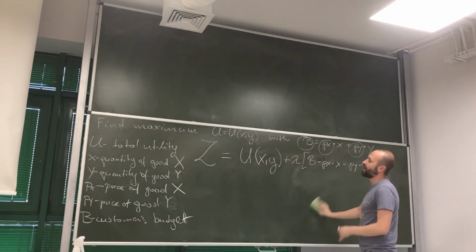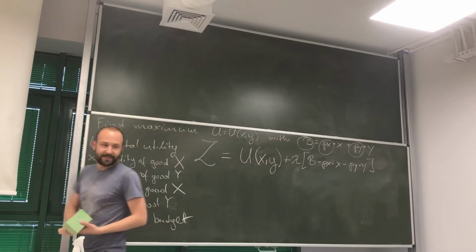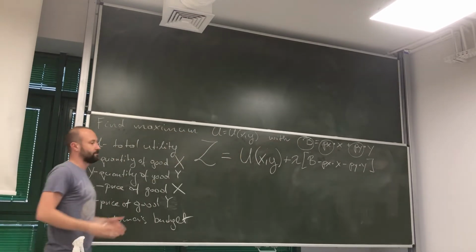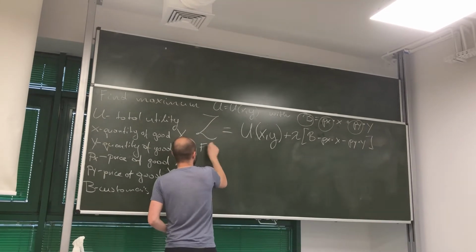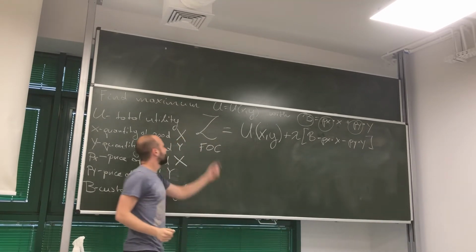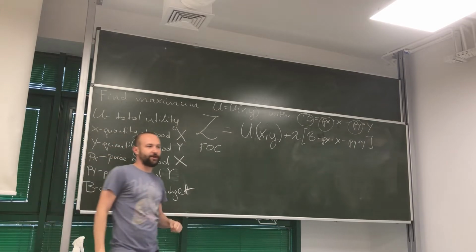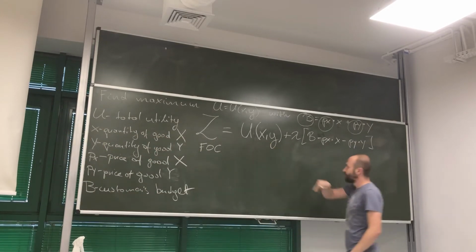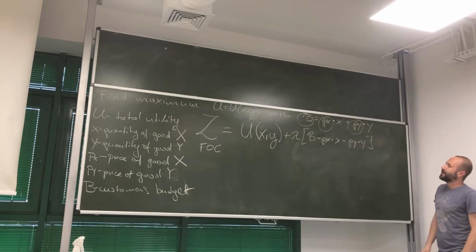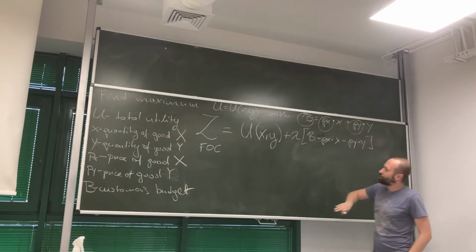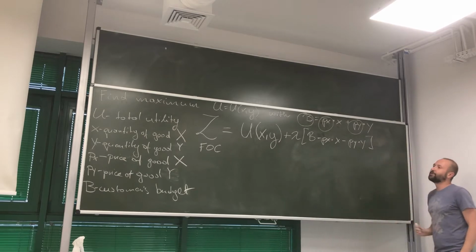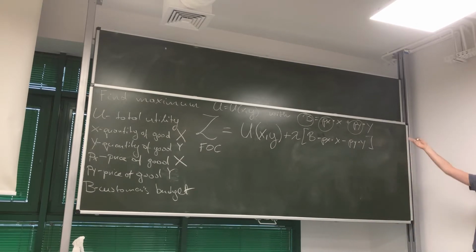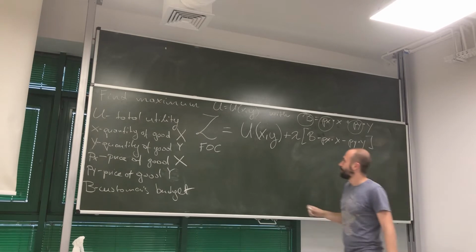Okay, but of course, in order to find the maximum, we're going to start with the first order condition. The first order condition, as usual, is telling us to take this function and differentiate it with respect to all the variables we've got here. The two that we are interested in are X and Y, of course, but we also need to introduce lambda because we are introducing the constraint, right?